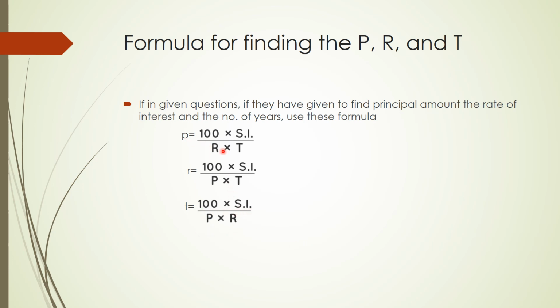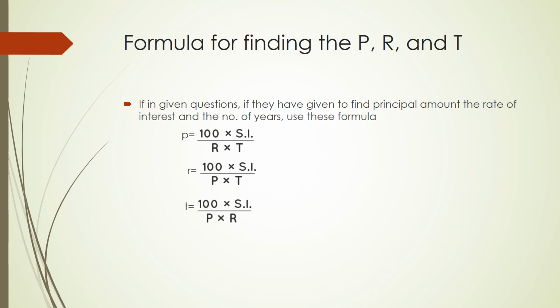So principal is equal to 100 into simple interest divided by the rate of interest per annum into time. This is like rearranging the formula for finding the principal, rate of interest and time. All the formulas here are the same, but the rearrangement is different.